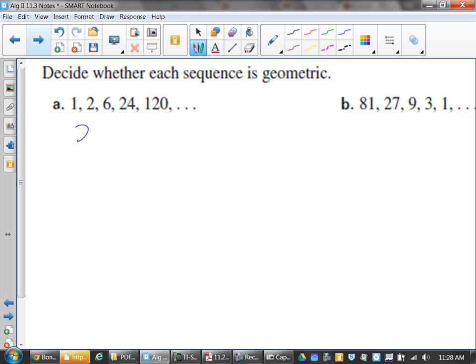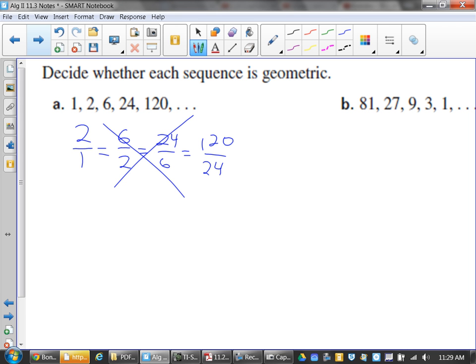I take the second term divided by the first. Does that equal the third term divided by the second? Does that equal the fourth term divided by the third? Does that equal the fifth term divided by the fourth? Do all those have the same ratio? No. So is that geometric? No.